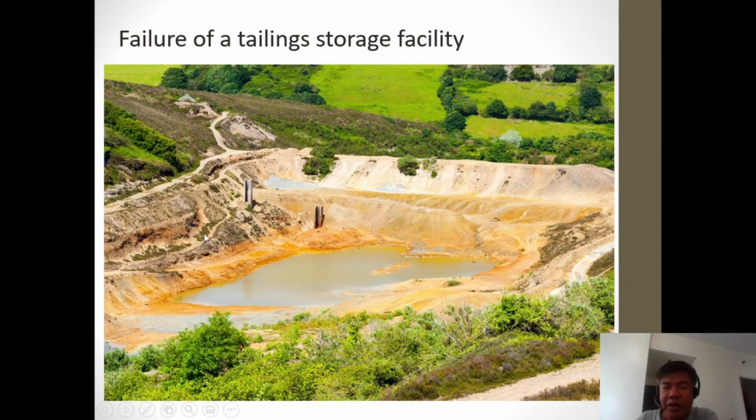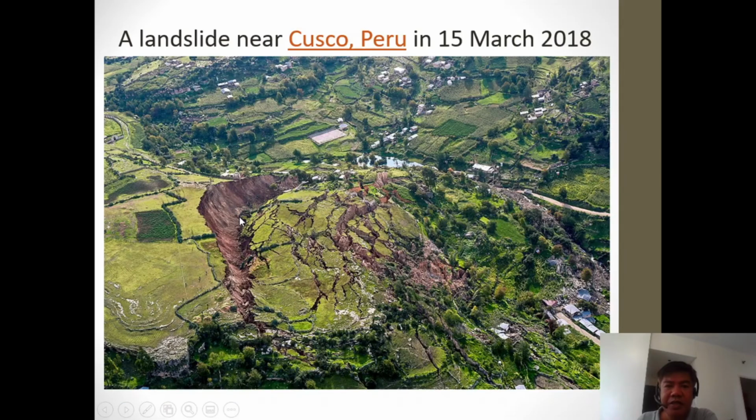There could be problems in terms of seepage, the piping effect, and other causes of failures. This is in Peru. The whole mass actually failed already. It became loose and it failed by landslide. This is in Cusco, Peru in March 2018.